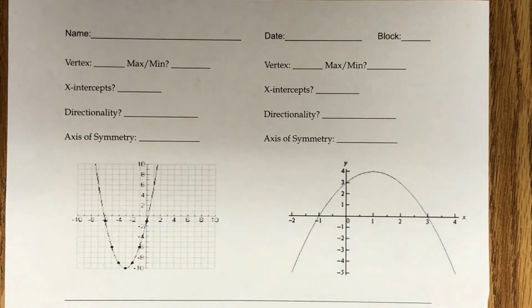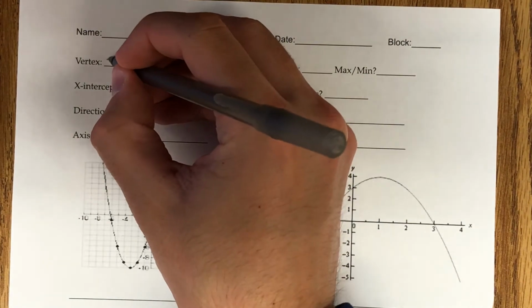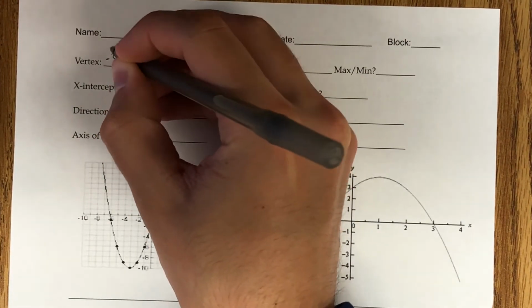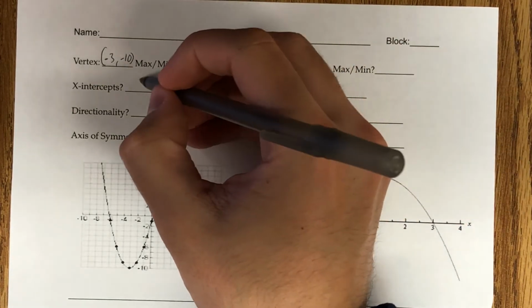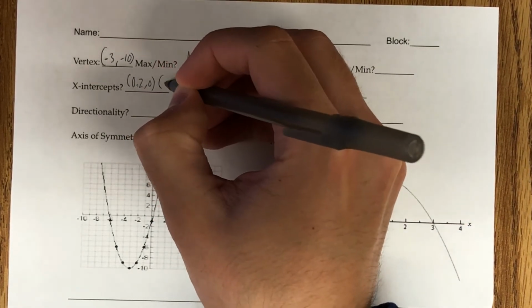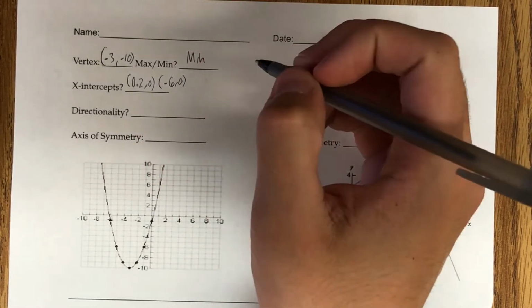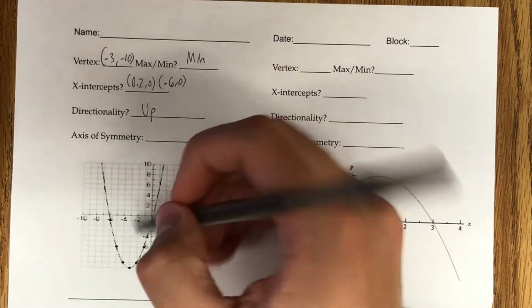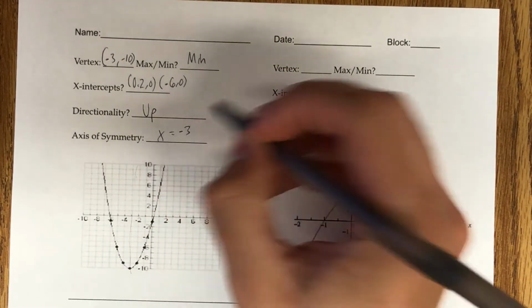Okay, we're back. For the first one here, -3, -10 is the vertex. Our vertex is a minimum. We have x-intercepts at roughly 0, 0 and -6, 0. Our directionality is up, and our axis of symmetry goes through x equals -3.